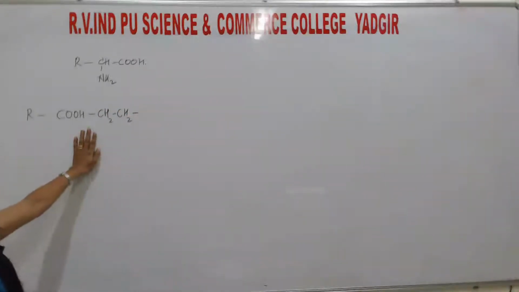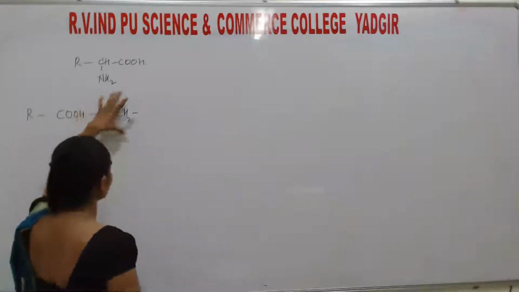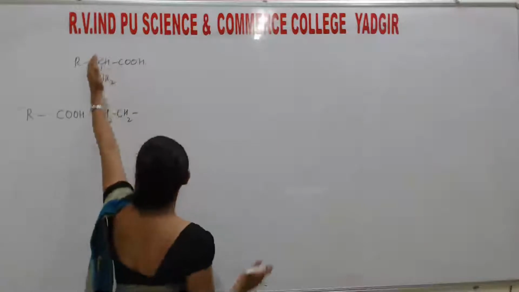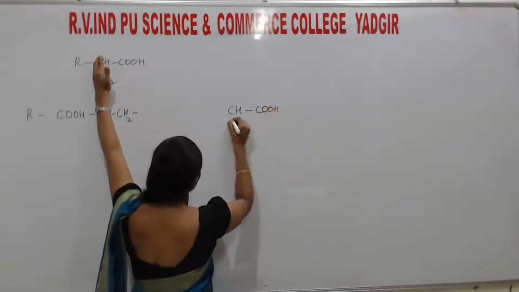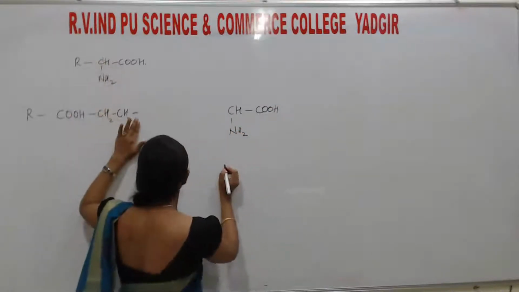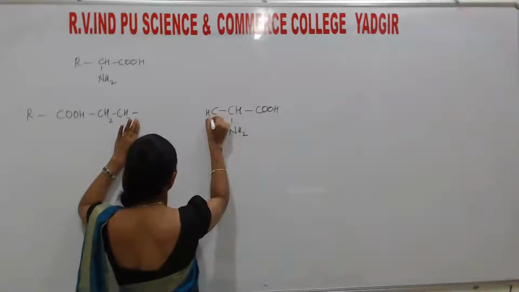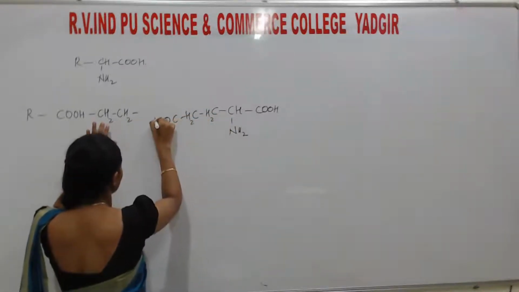If this is the R group, then for the amino acid, first you write this part, CH, COOH, NH2, and this is the R group: CH2, CH2, COOH.